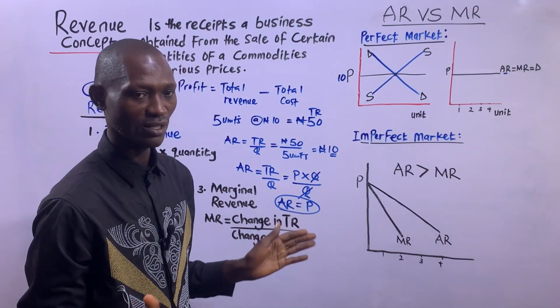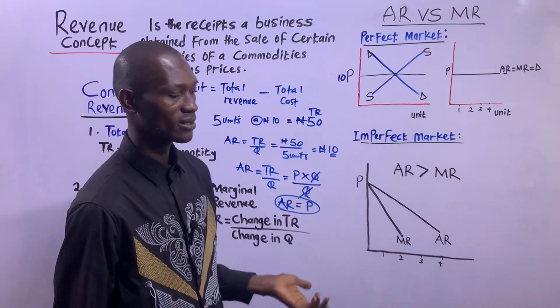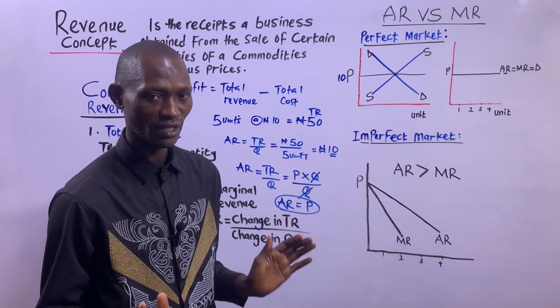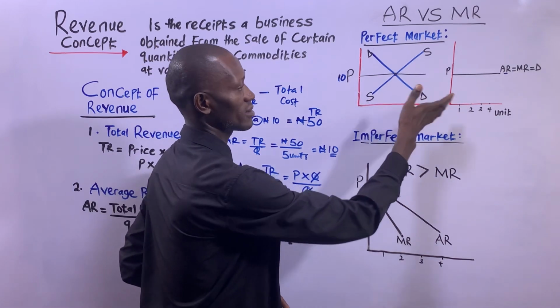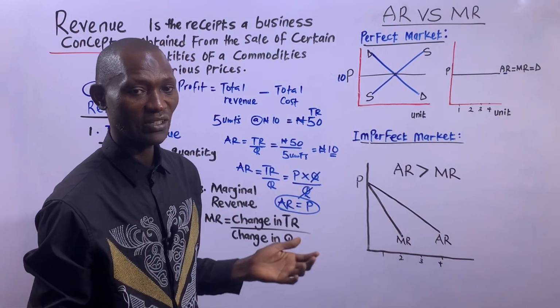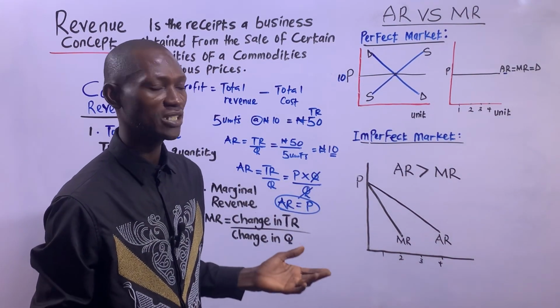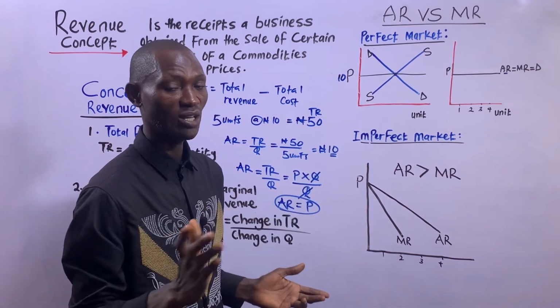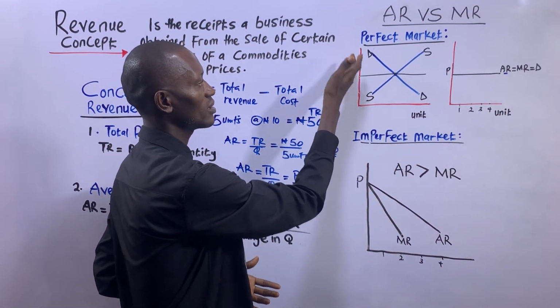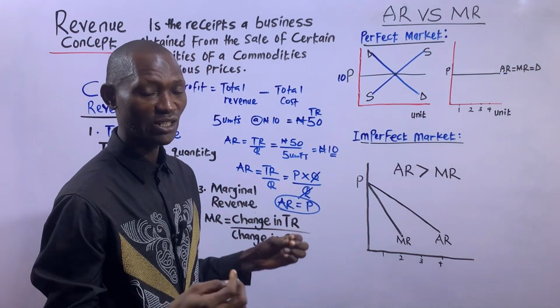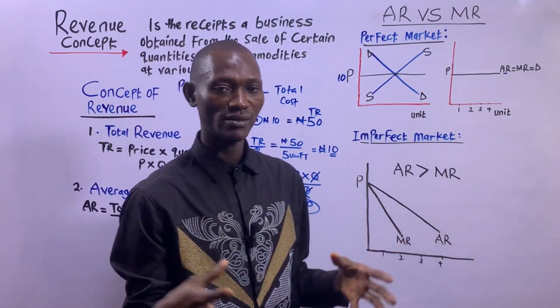So I hope that is understood. So that's that. So I hope that is very clear. Then remember, I did say here that the fundamental difference between average revenue and marginal revenue in this two market situation is that in a perfect market, average revenue and marginal revenue are the same.